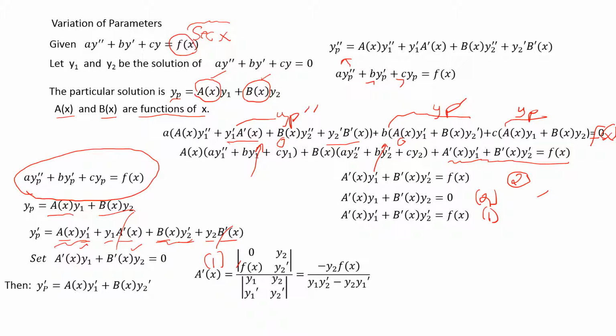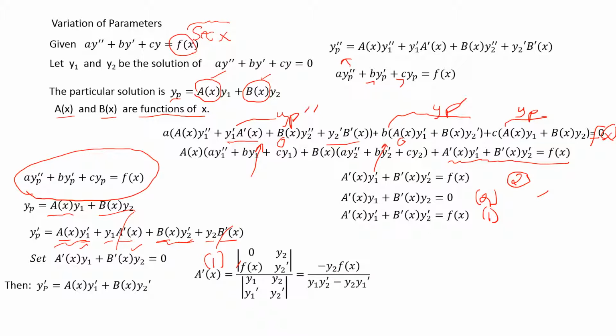So look at, what is a prime x here? Okay, a prime x is, the denominator is just what? y1 prime, y2 prime, and then substitute 0 and f of x, and then you just have y2 and y2 prime.